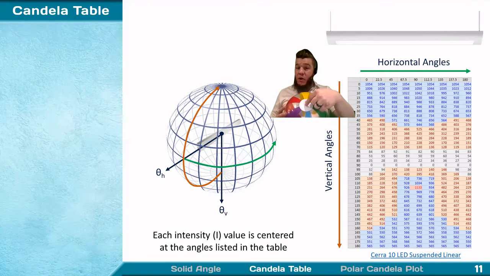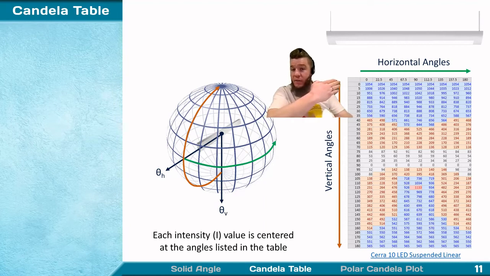So that's our 0, 0 patch, and it's going to be bounded on the top. In this case, we go from 0 to 5. So the edge of this patch actually lies at 2.5 degrees vertical. So we come just 2.5 degrees up. And then the horizontal patch goes from 0 to the next one, which is 22.5.